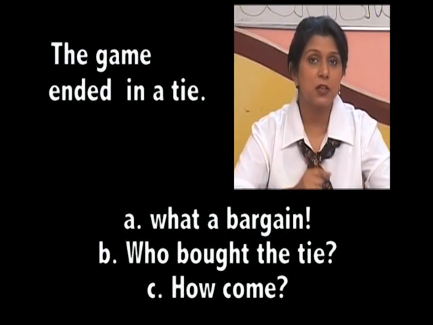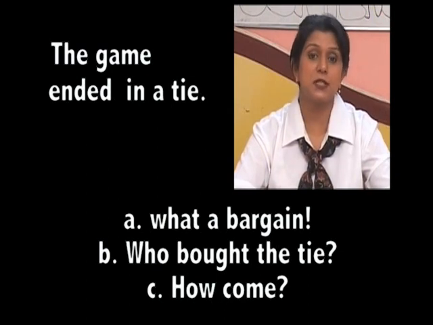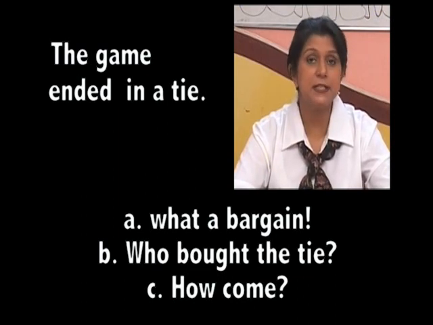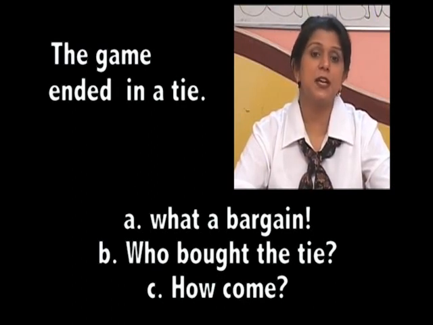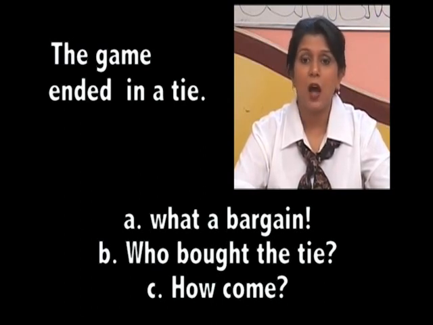Try to understand the context in which this statement has been made and then choose your answer. Also, take a look at the various types of sentences that these three are and then choose your option. So I'll repeat the options. A. What a bargain. B. Who bought the tie? And C. How come?